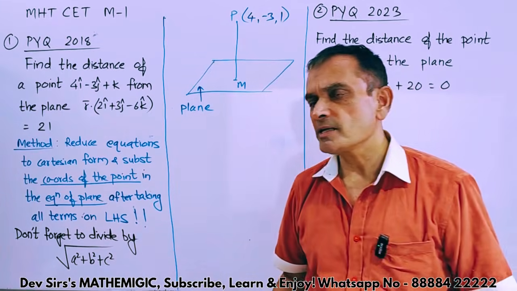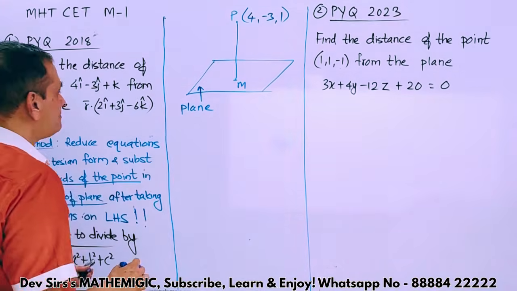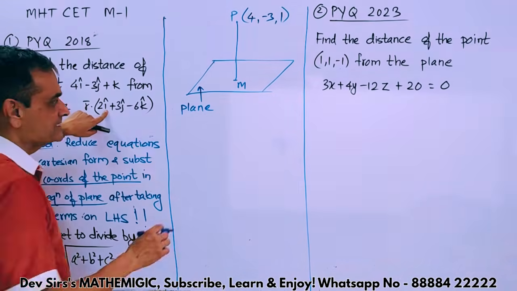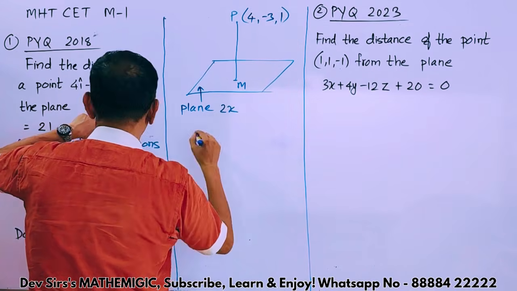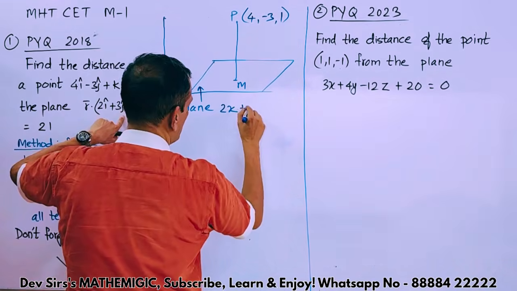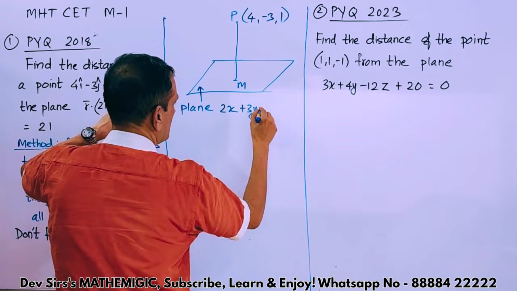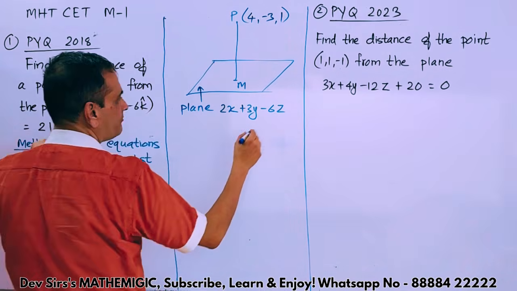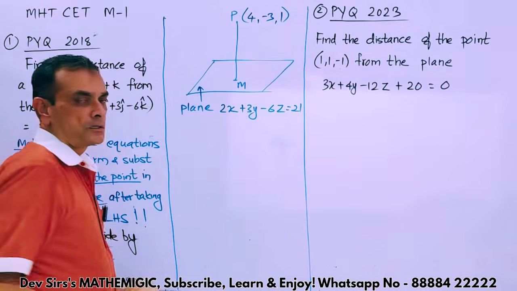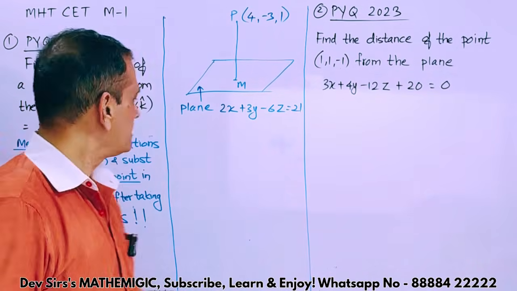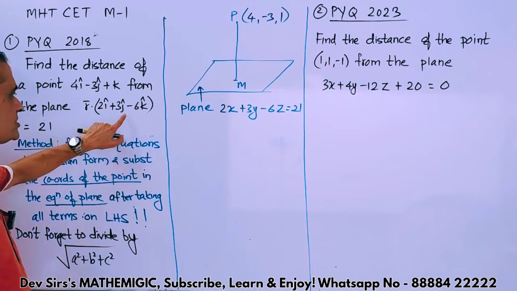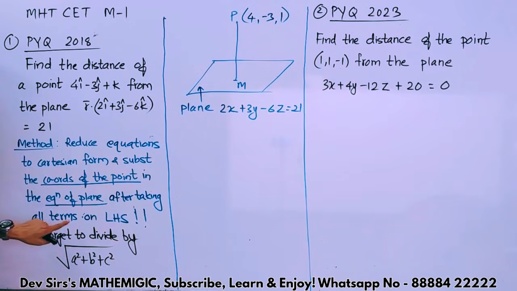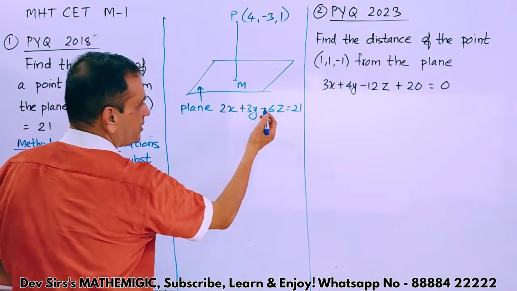So how to convert it into Cartesian form? Just remember, remove r bar, and replace i by x, j by y, k by z, equal to 21. So the shortcut: remove r bar, replace i, j, k by x, y, z, and then don't forget, after taking all terms on LHS, 21 should also be on the left hand side.